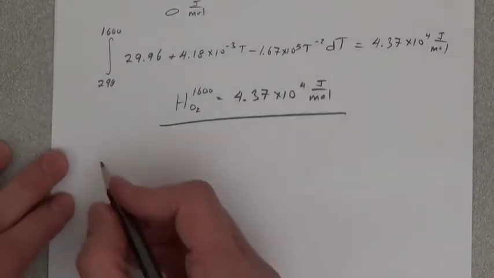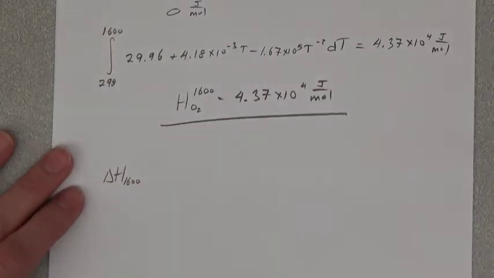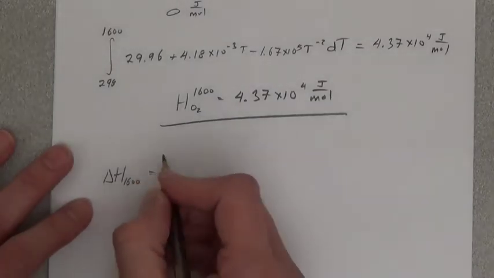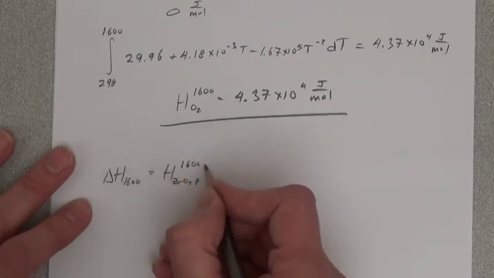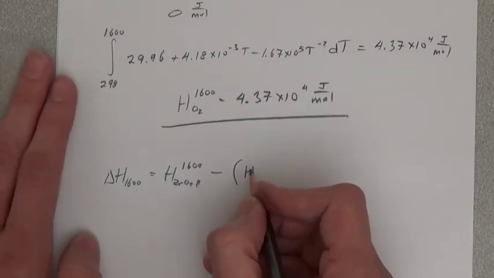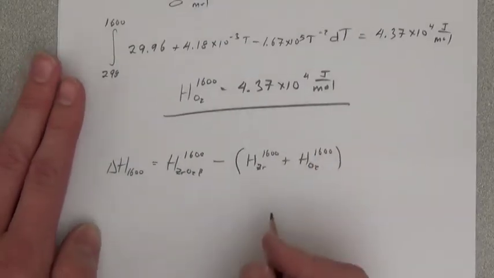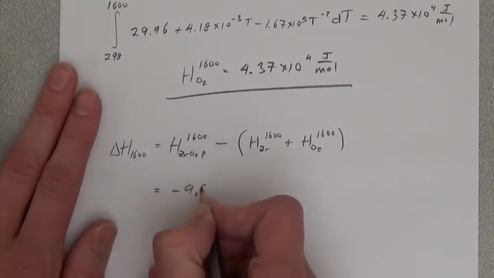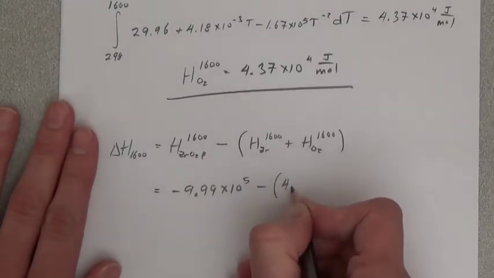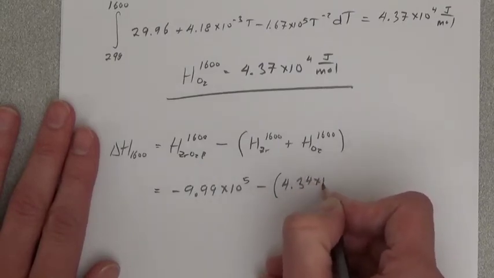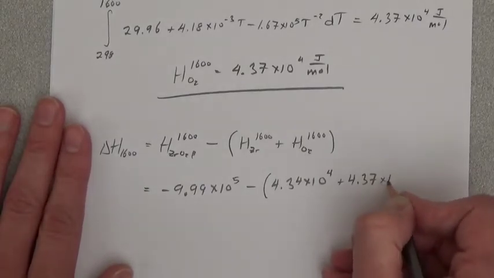Which means that we can now write delta H at 1600 is equal to H ZrO2 beta at 1600 minus H Zr at 1600 plus H O2 at 1600, which is equal to negative 9.99 times 10 to the 5 minus 4.34 times 10 to the 4 plus 4.37 times 10 to the 4.